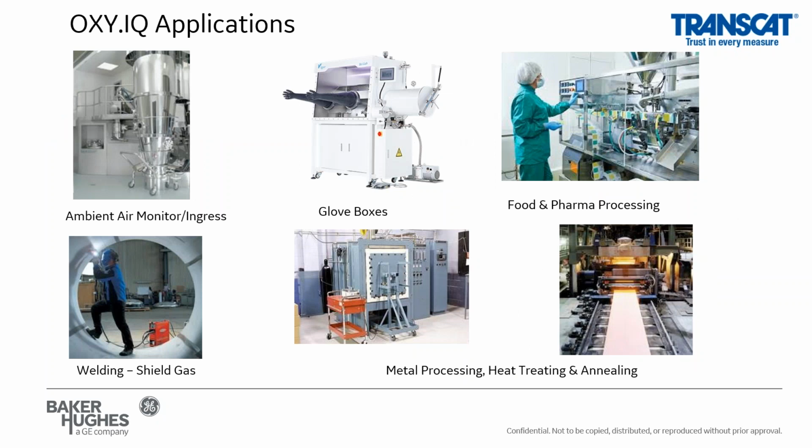Now, sometimes we don't think about inerting other than in chemical fuel tanks, but there are lots of industrial applications in just ambient air and ingress monitoring. In glove boxes, these are just microenvironments, sometimes called isolators, where certain functions go on. It could be for pharmaceutical compounding. It could be for working with nuclear fuel.